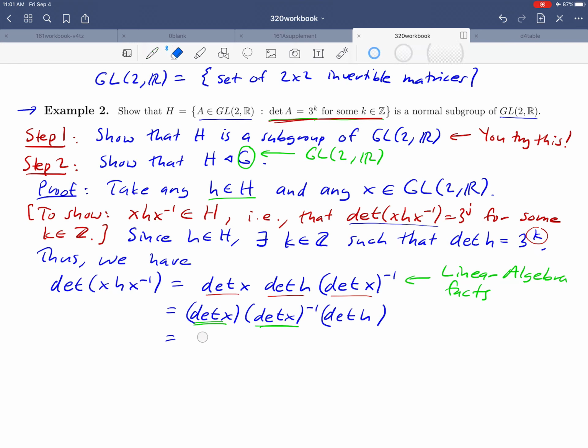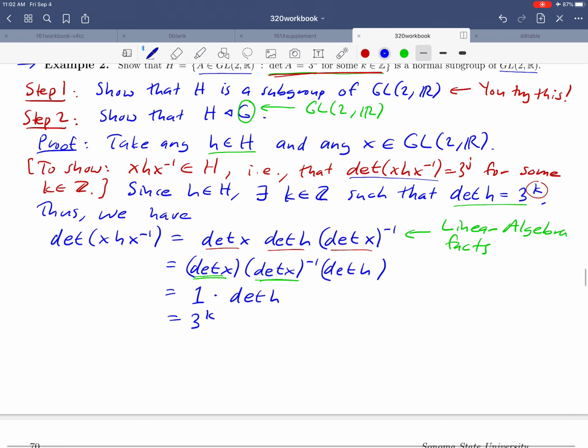Let me be consistent with my colors here. That 1 is what you get when you take the determinant of x times 1 over the determinant of x times the determinant of h. But what was the observation that we made about the determinant of h above? It's equal to 3 to the k. And so if you look at what we did, we showed exactly what we wanted to: the determinant of x h x inverse is equal to 3 to an integer power.